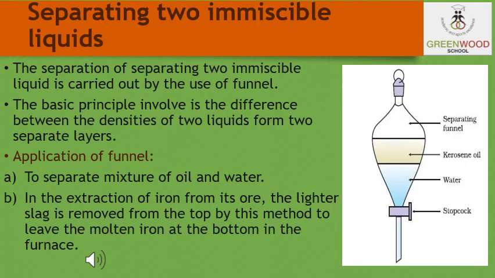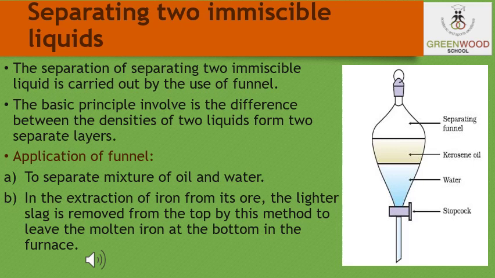Moving on, let us learn how we can separate a mixture of two immiscible liquids. Before understanding this technique, let us learn what immiscible liquids are. Liquids are said to be immiscible if they are completely insoluble in each other, that is, the liquids do not form a homogeneous mixture when they are mixed.